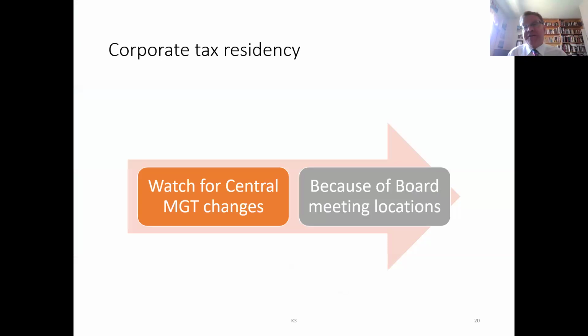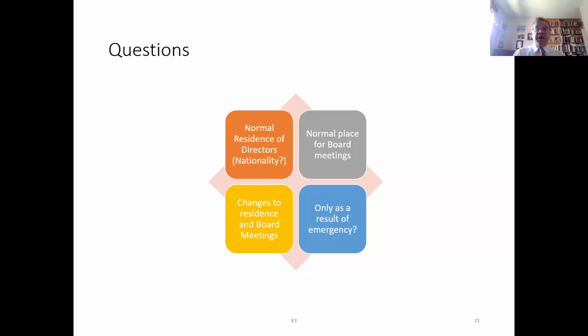And in terms of corporate tax residency, you need to watch for the changes in central management control because of board meeting locations. You're going to need to think about the sort of questions: what is the normal residence of the directors? Often look at their nationality, normal place for board meetings. Has there been a change to residence and board meetings? Is this only as a result of an emergency?